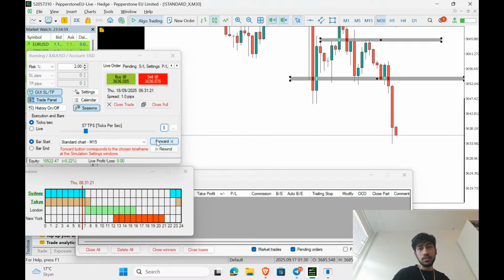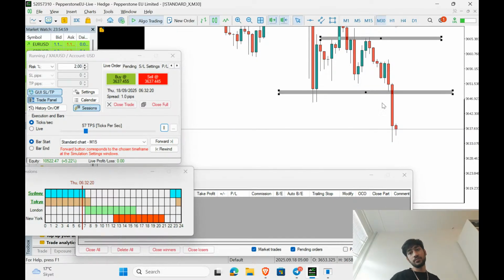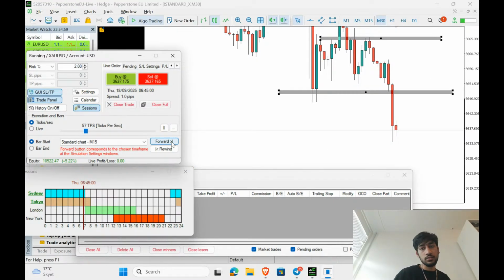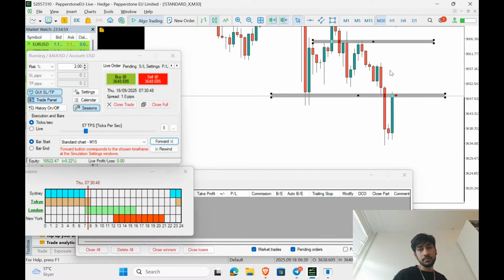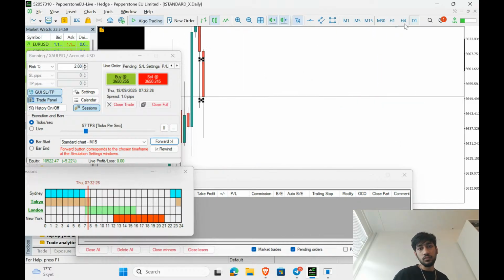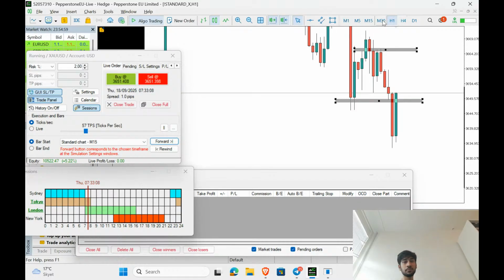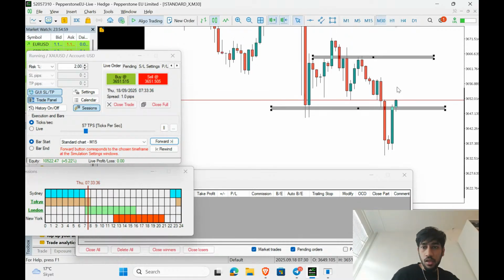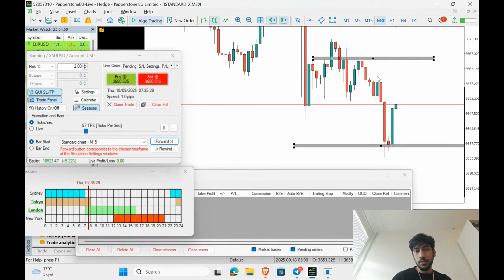This is Thursday. M30, so we create some sort of resistance to be formed. So we can take a buy, we can take a sell. We have a resistance.